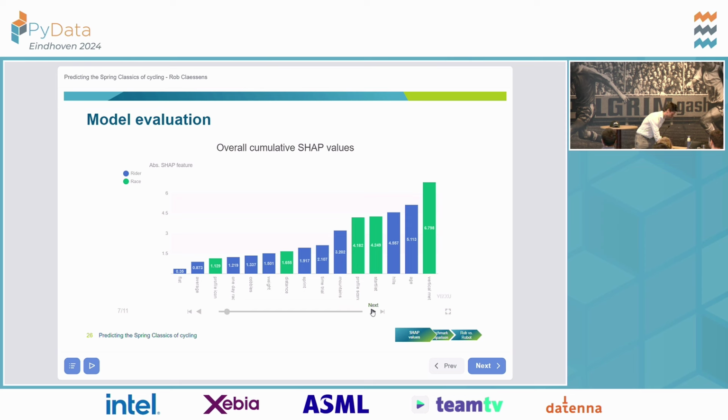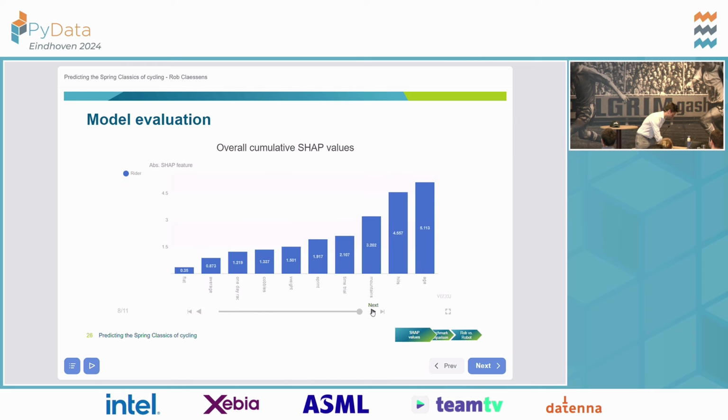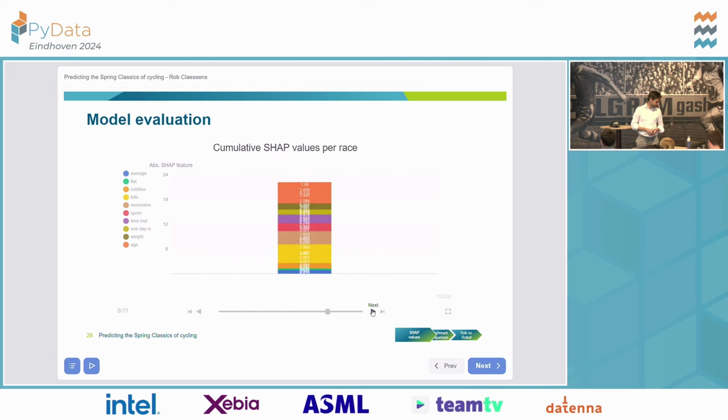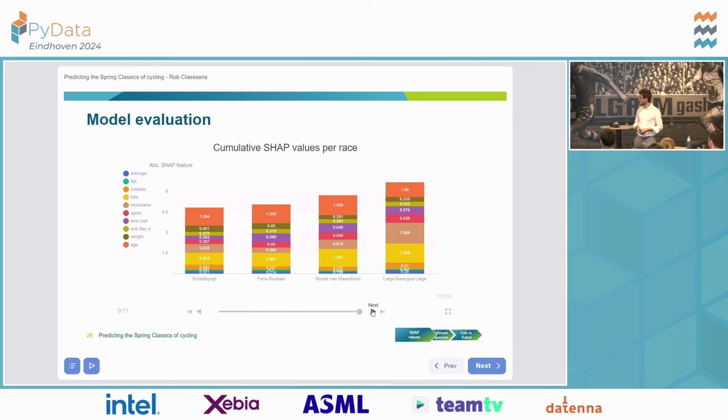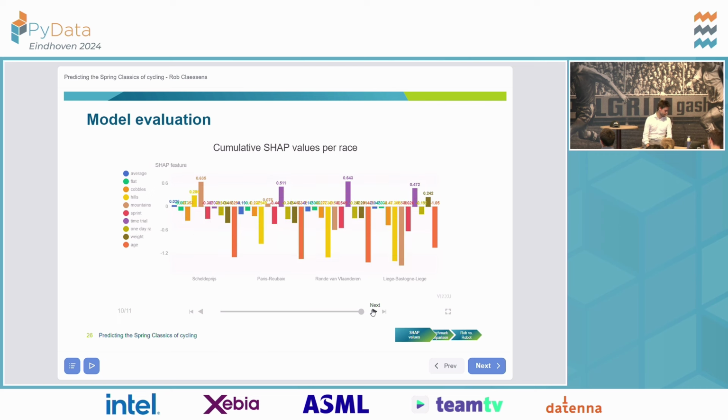Yeah, so I did the same for the rider characteristics. So I split them by race, which you can see here. And then of course I'm again interested in the real values, which will give us a bit more insight, hopefully. And of course we saw that hills was an important feature here, so let's try to select these a bit better.